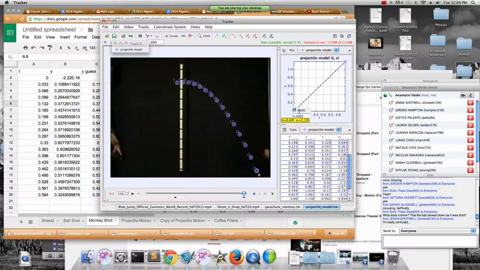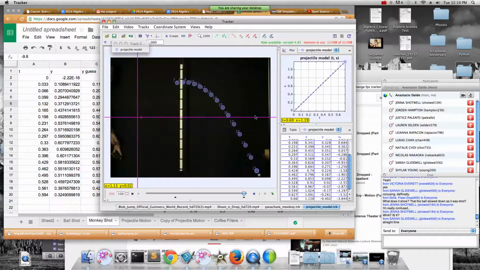Straight line. All right, so when we look in the X direction, what do we see? What kind of graph do we see? A straight line. Why is it a straight line again? Here's what X is. X is the horizontal direction. When we're looking in that direction, it's a straight line. Why? Because there's a constant rate. Because gravity is acting in which direction? Downward. Gravity is acting in the downward direction, which is in the y direction.